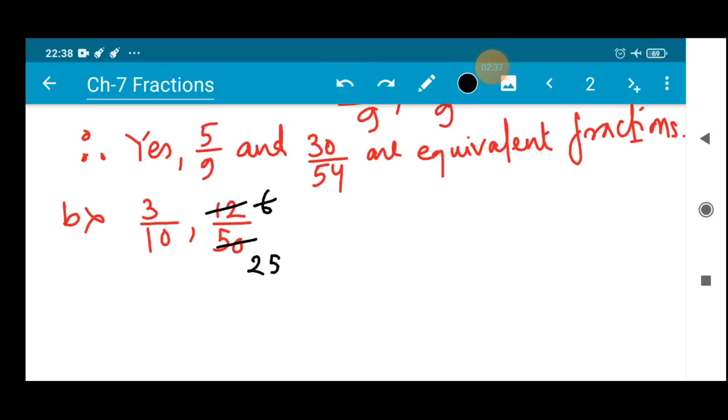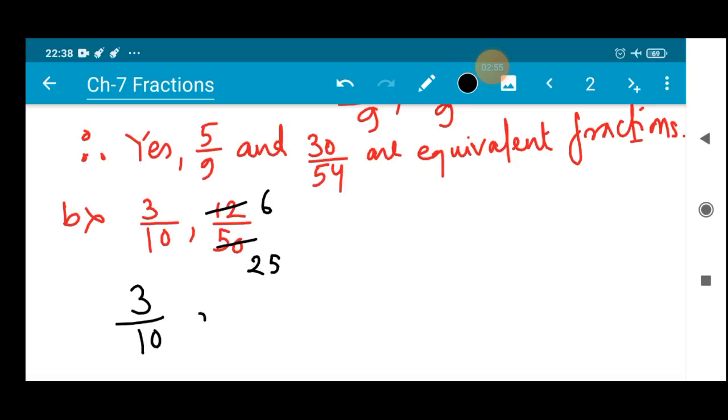Sorry, it cannot be reduced further. I can only divide this with 2 3s, but I cannot divide 25 with 2. Or else I can divide by 5, but I cannot divide this 6 with 5. So the final fraction will be 6 by 25.